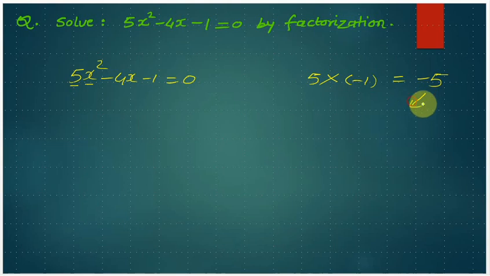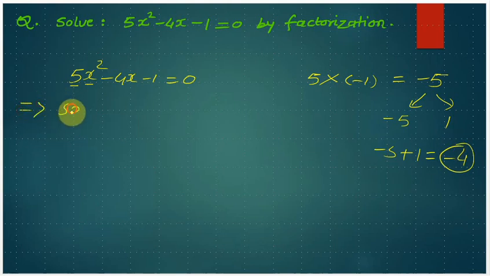So minus 5 can be factorized as minus 5 into 1. So minus 5 plus 1 gives the middle term minus 4. So the given equation becomes 5x square minus 5x plus x minus 1 is equal to 0.